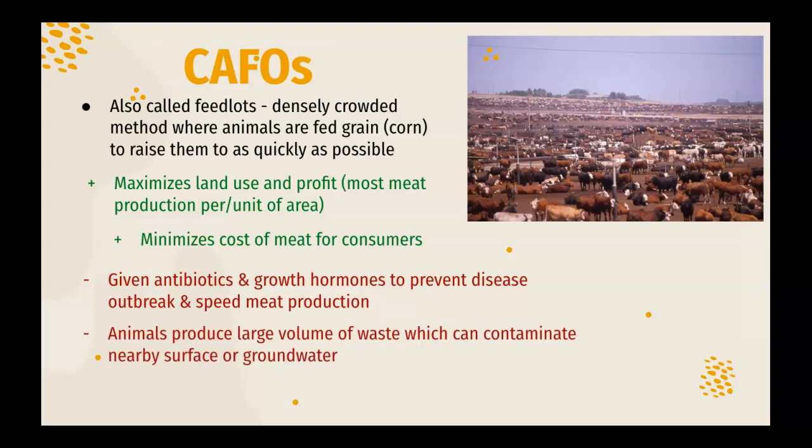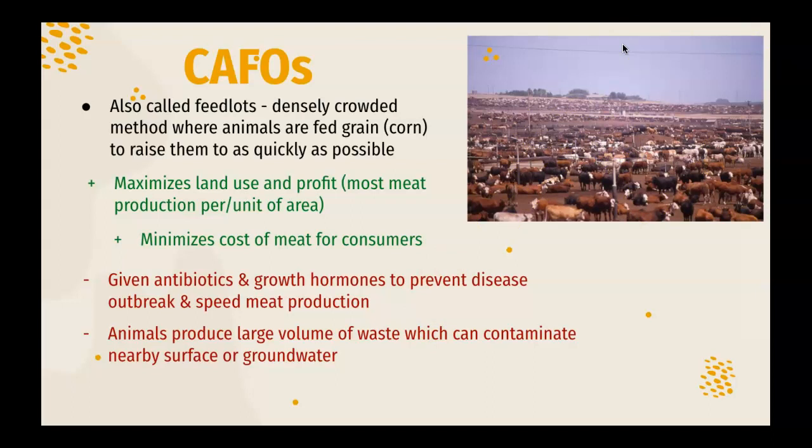And then one of the other drawbacks is that when you concentrate animals like this, you're producing extremely large volumes of waste, both fecal matter and urine, and that gets collected and then can eventually contaminate nearby surface or groundwater. When they're spread out in a field, it can fertilize the field, but in high concentrations, like we're showing here, it's not fertilizing the field.